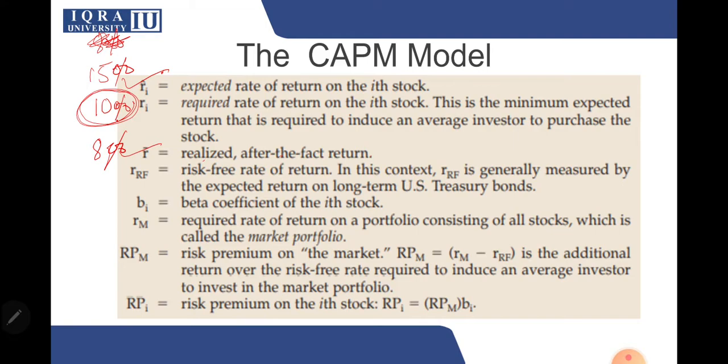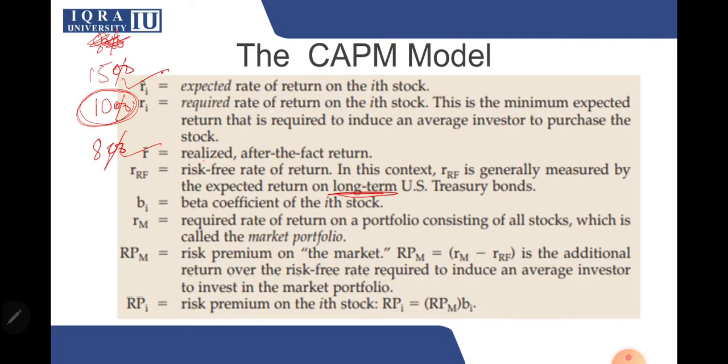Now, Rf is the risk-free rate of return. In this context, the risk-free rate is generally measured by the expected return on long-term US Treasury bonds. Because this book is a US book, you are considering US Treasury bonds. If you're calculating the risk-free rate for Pakistan, it will be the long-term Pakistan Treasury bond rates.